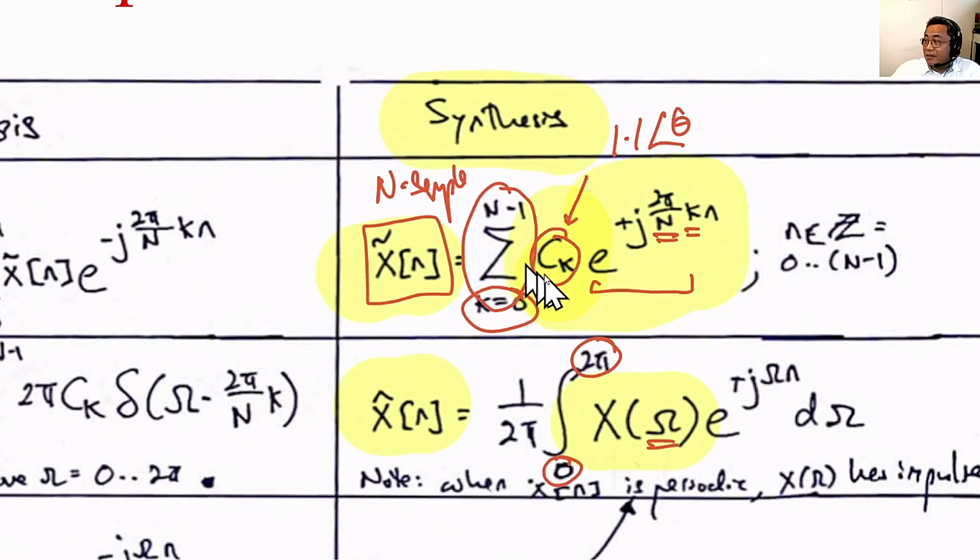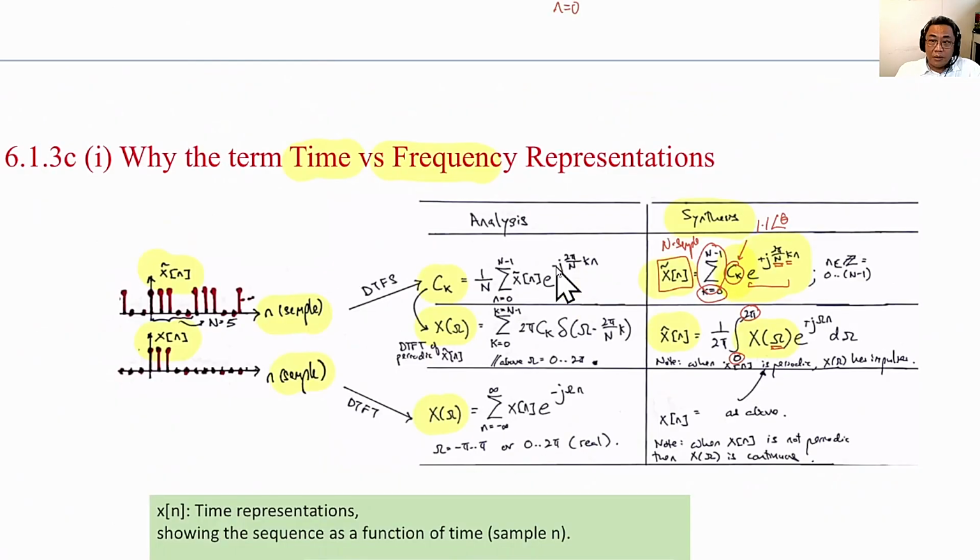If of course ck is 0 at that value, it means that no frequency is needed at that particular k. So once you understand that ck, being found under analysis, is used in the synthesis, then you understand the interpretation of ck's.